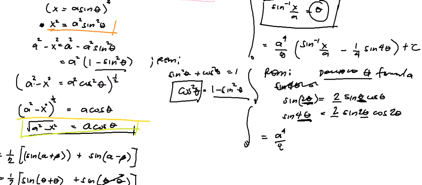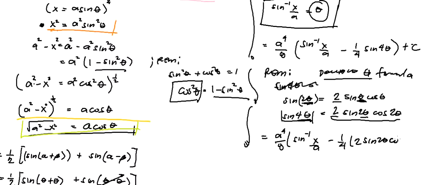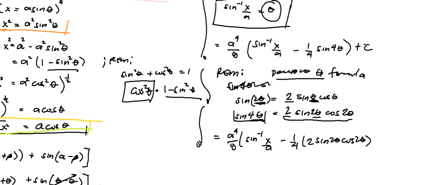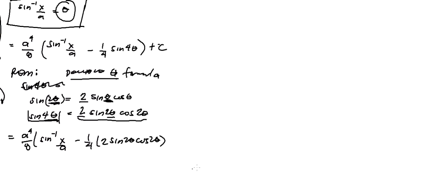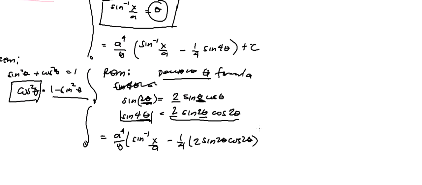So we have a to the 4 all over 8 sine inverse x over a minus 1/4, and our sine 4 theta is equal to this. So we have 2 sine 2 theta cosine 2 theta, then plus c.